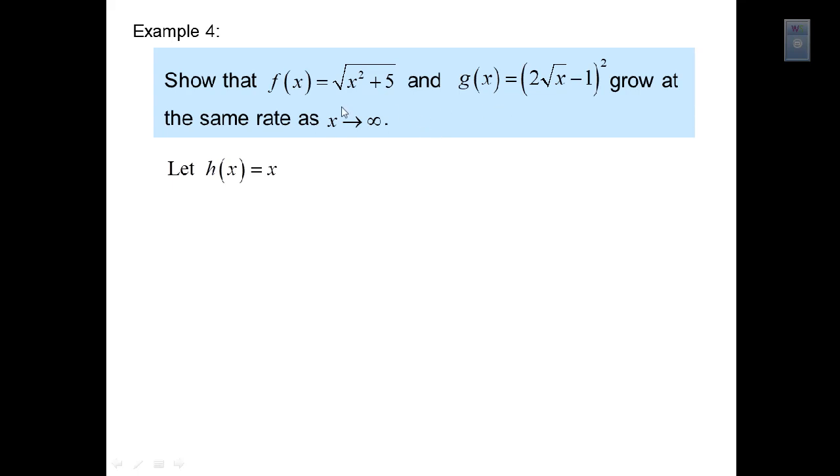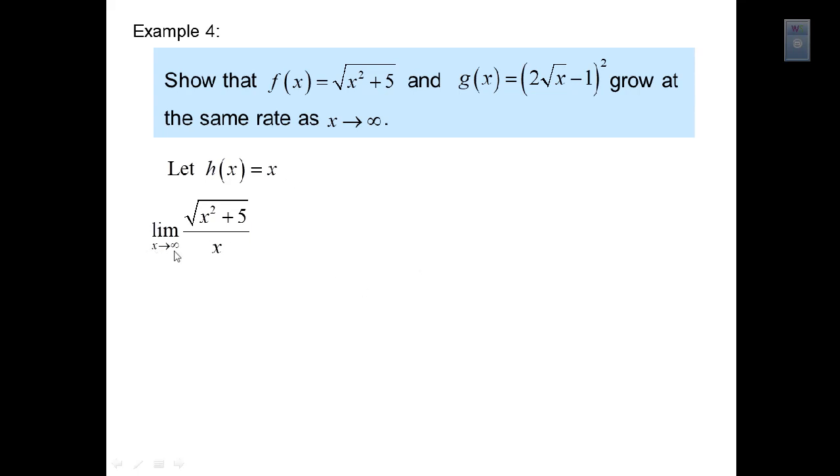So that's what we're trying to prove. Since the limit of this thing over that thing is not going to be an easy limit, we're going to prove this grows at the same rate as that, and this grows at the same rate as that, and then by the transitive property they have to grow at the same rate. So that's why we're using h of x equals x.